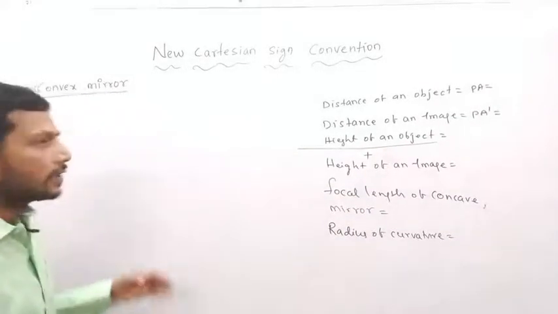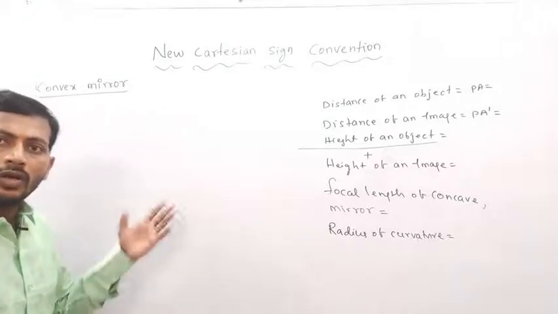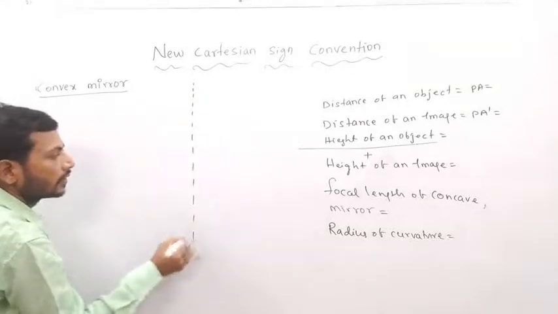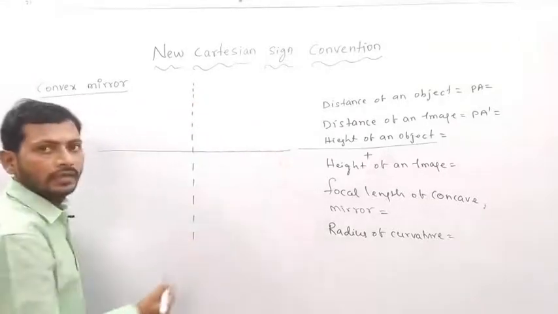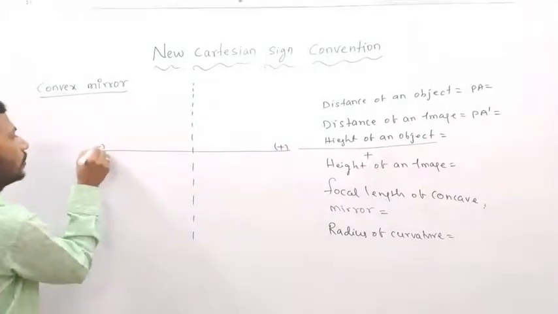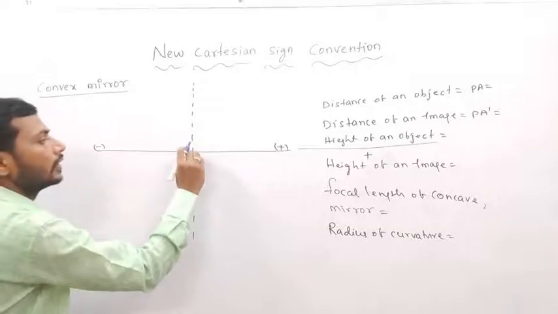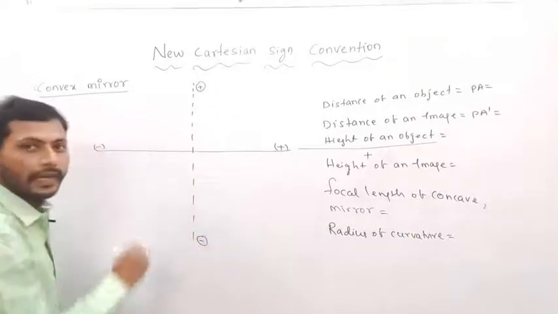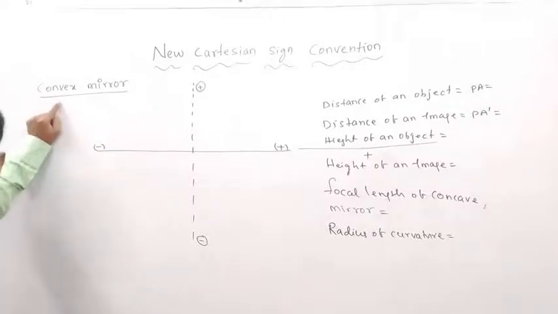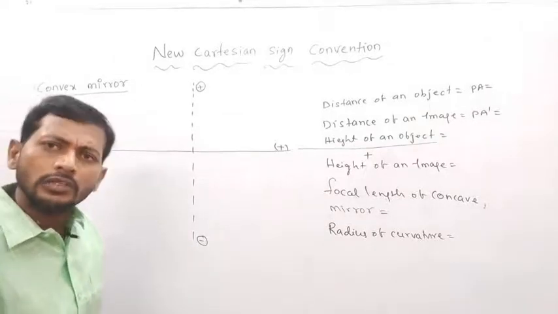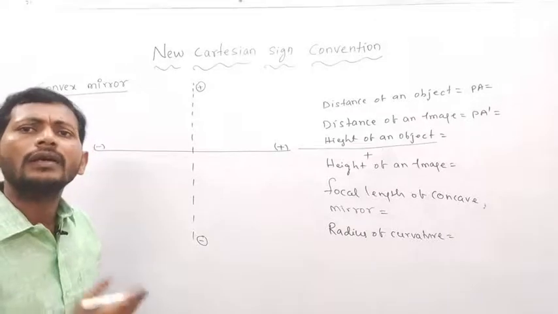Okay, same as the previous case. Draw the diagram first. Just imagine one y-axis and this is the x-axis. This is the positive direction, right side. This is the negative direction, left side. Above the origin, positive, below the origin, minus. Now we are going to discuss convex. In the previous case you imagined a concave mirror, now you have to imagine a convex mirror.